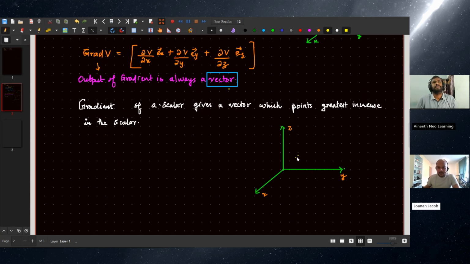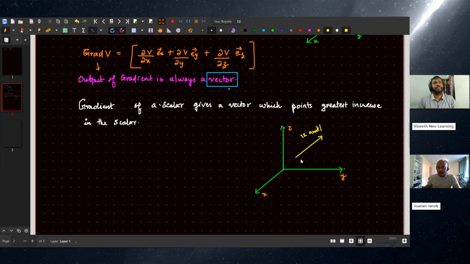let's take different directions. Okay, this is one direction in which the value of the scalar is increasing. Let's say the rate of increase in this direction is 12 units.